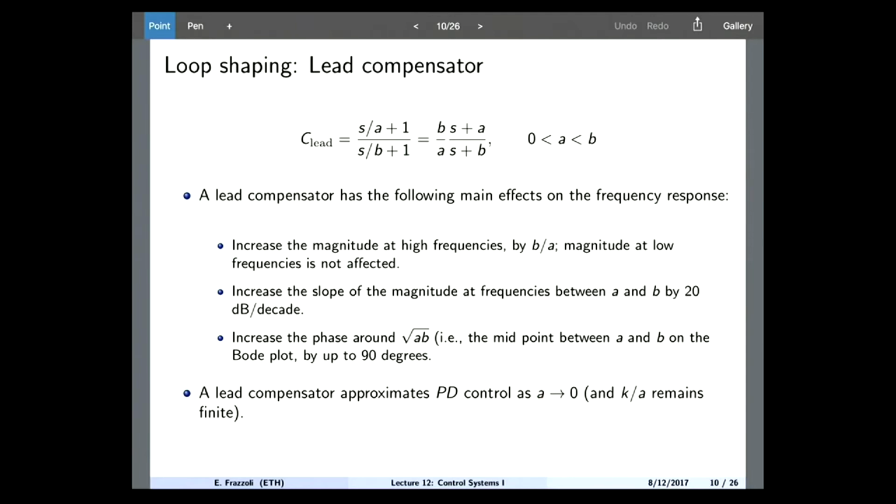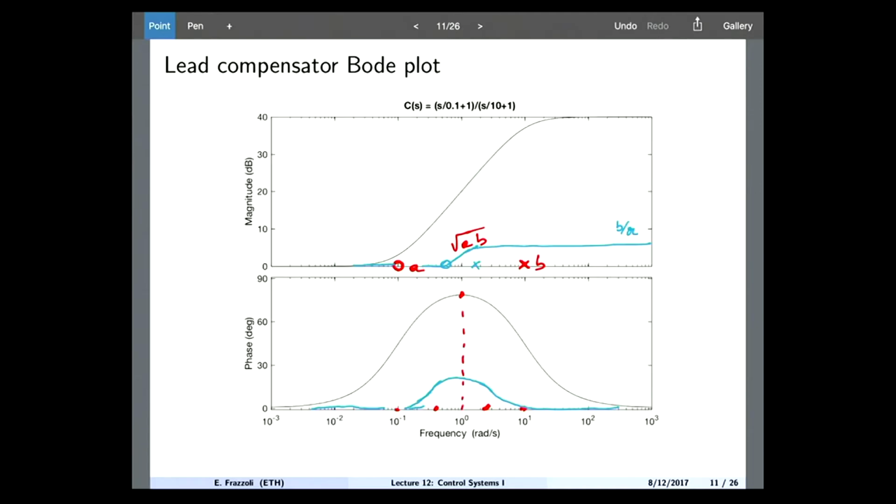So how do you think that you will actually use a lead compensator? What do you think the lead compensator is useful for? Anybody? To keep the phase above negative 180 degrees.